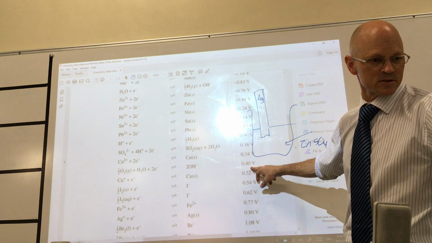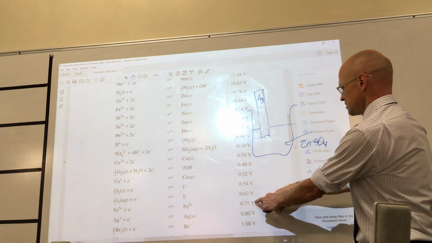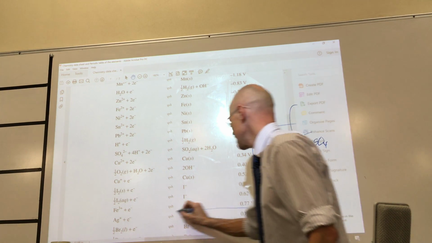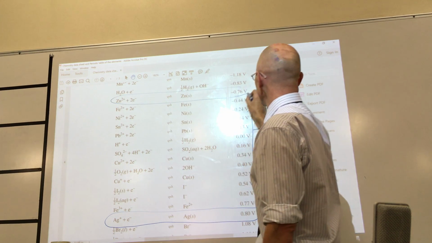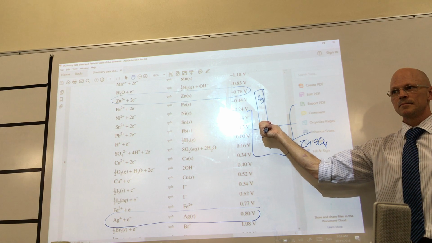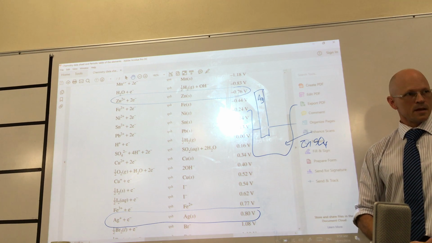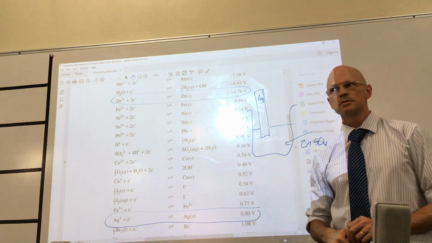Can I get them both on the same screen? Silver is much more likely to be reduced than zinc. So tell me something about that silver. It's more likely to be reduced. Can that be reduced?